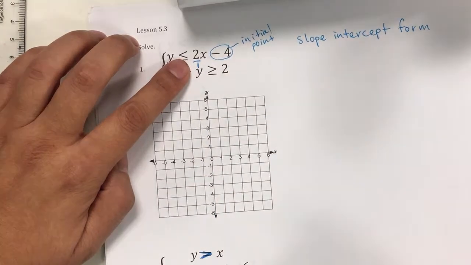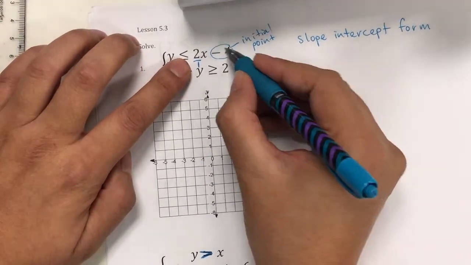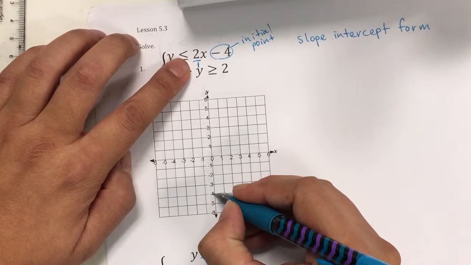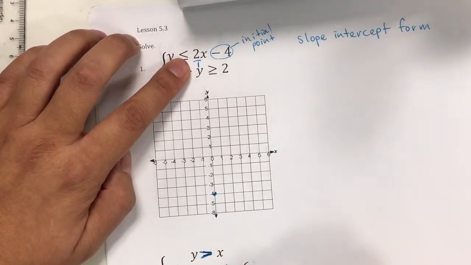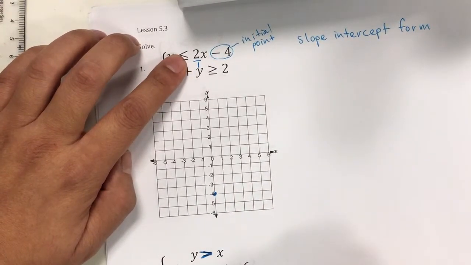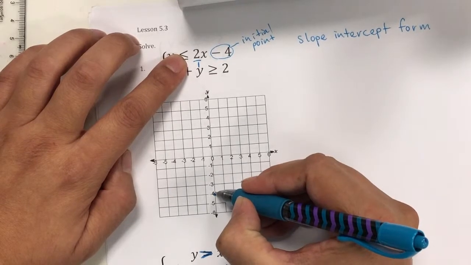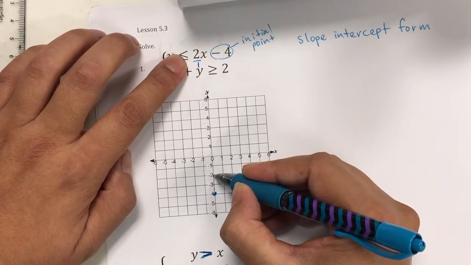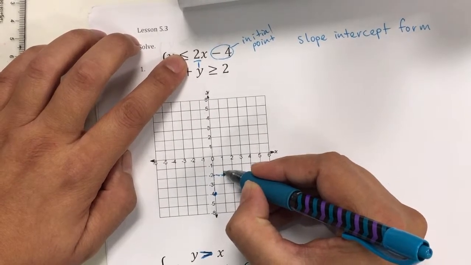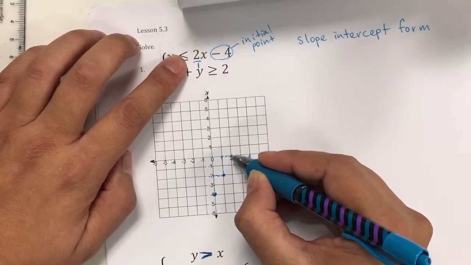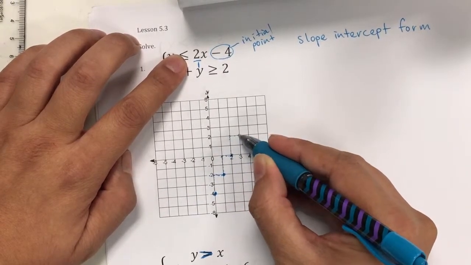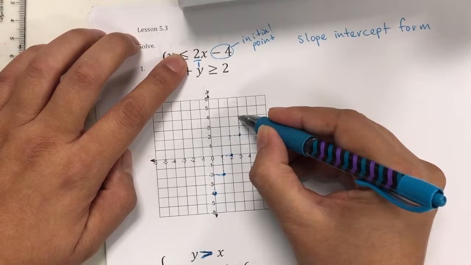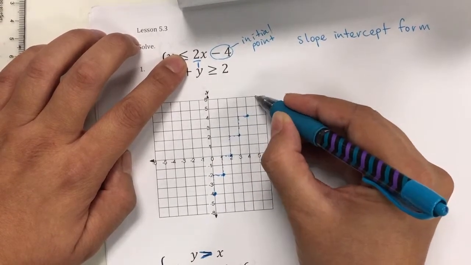rise and my run. So the initial point is -4, which is right here, and then it goes up 2 spaces. My rise is 2, my run is 1, rise is 2, run is 1, and so on.